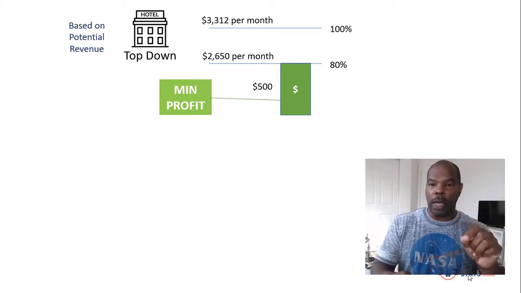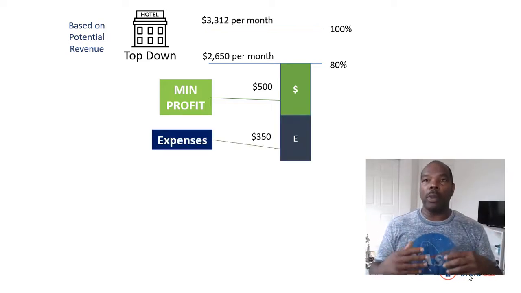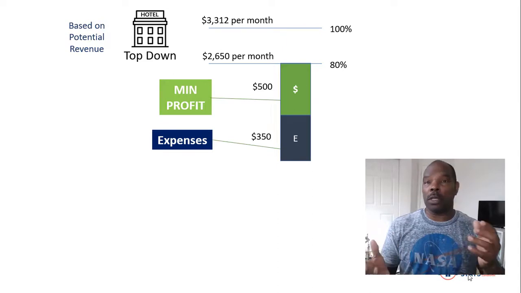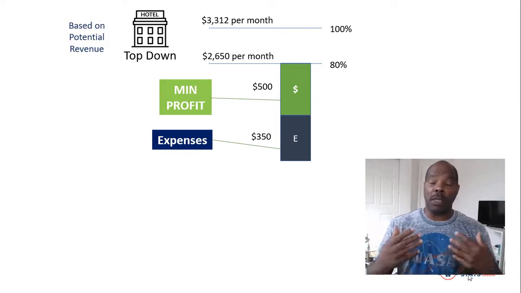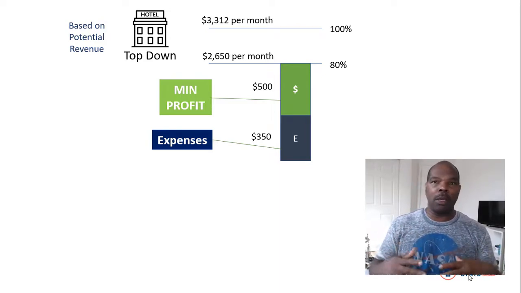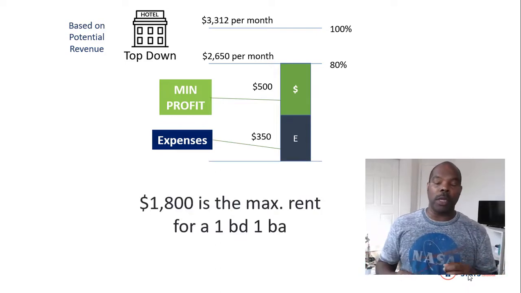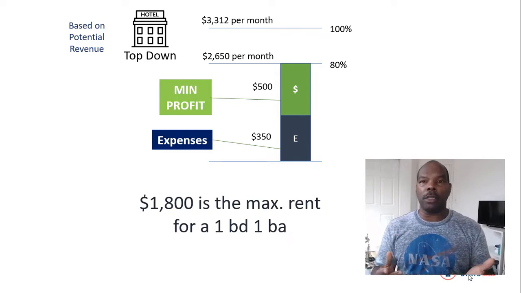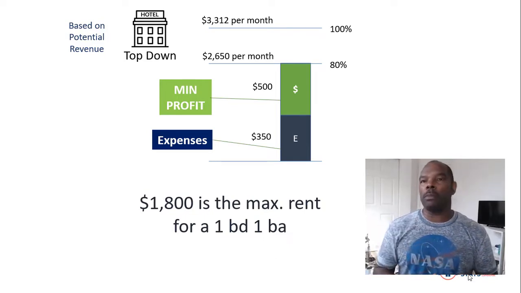Now, we're also going to subtract off what we expect our monthly expenses to be for, let's say, a one bed, one bath. In this case, let's assume it's $350. That's for Wi-Fi, parking, and electricity, things like that. And that leaves us with $1,800. That's going to be the maximum rent that we're going to put into Facebook Marketplace and filter on. So we're going to look for rentals less than $1,800.